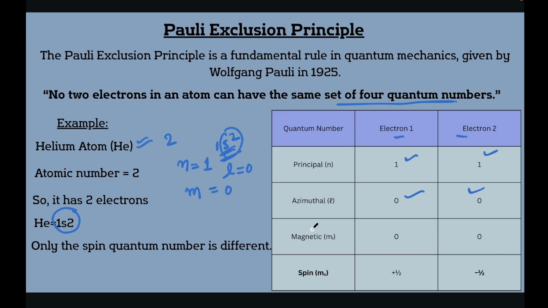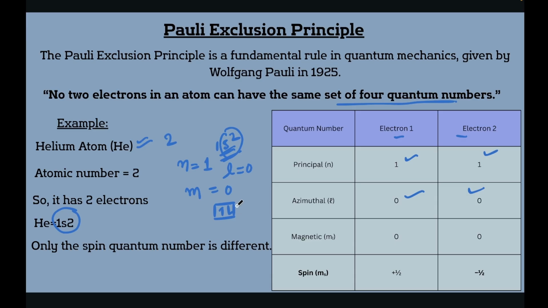Now, if we are moving to fourth quantum number, that is the spin quantum number. So as we know that every orbital can hold only 2 electrons. So in s orbital, spin quantum number for one electron is plus half, and for the other electron, the spin quantum number is minus half.